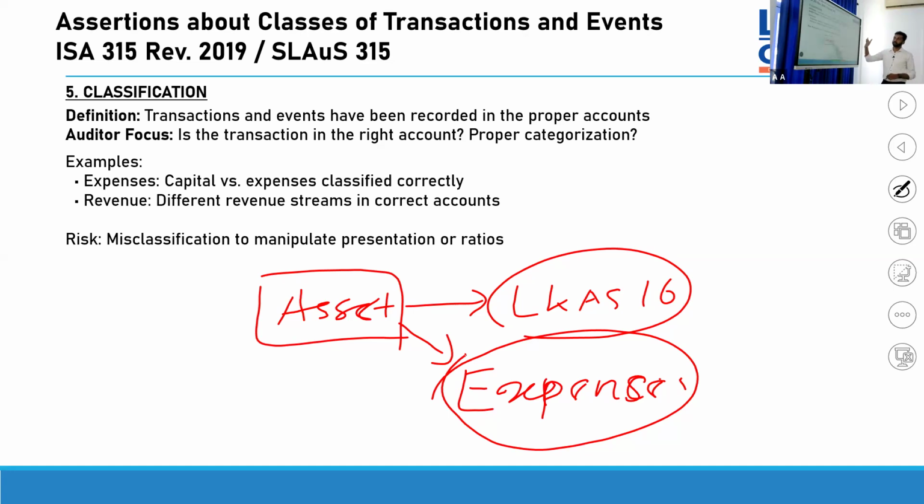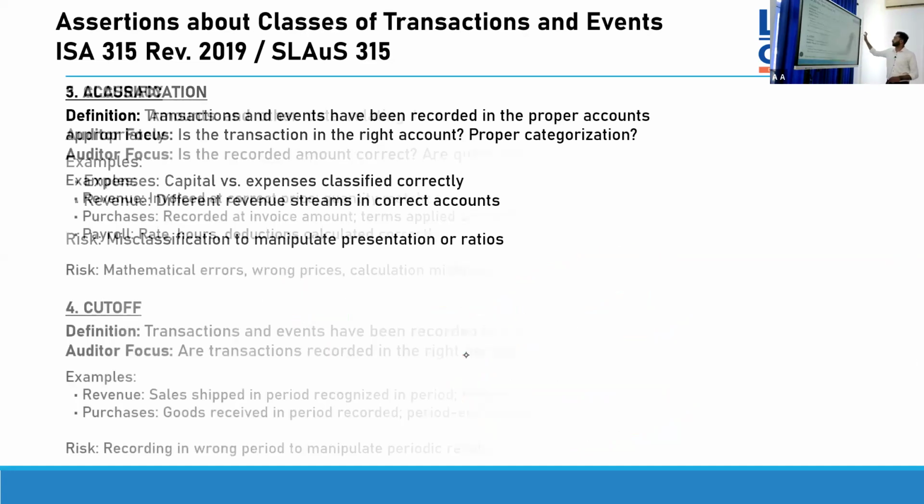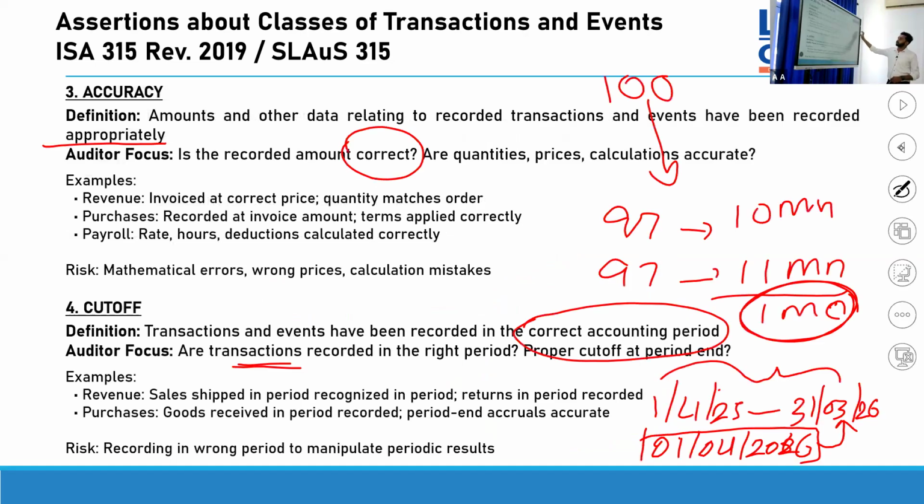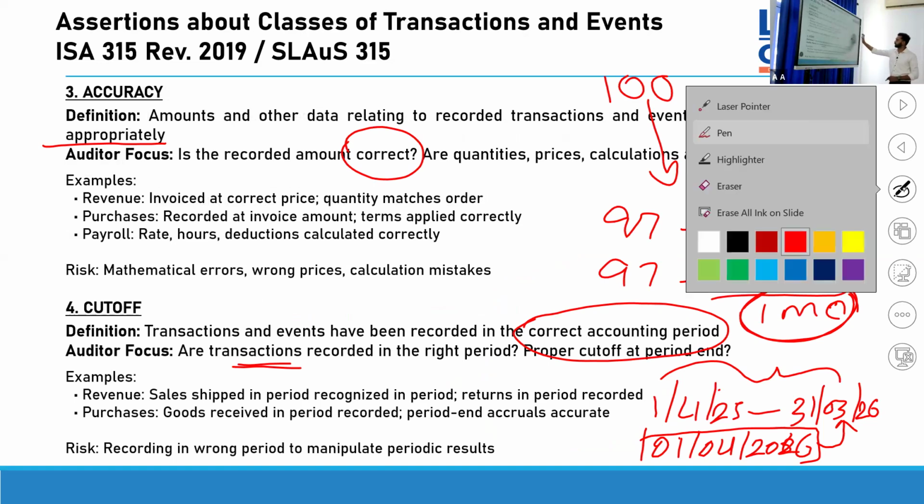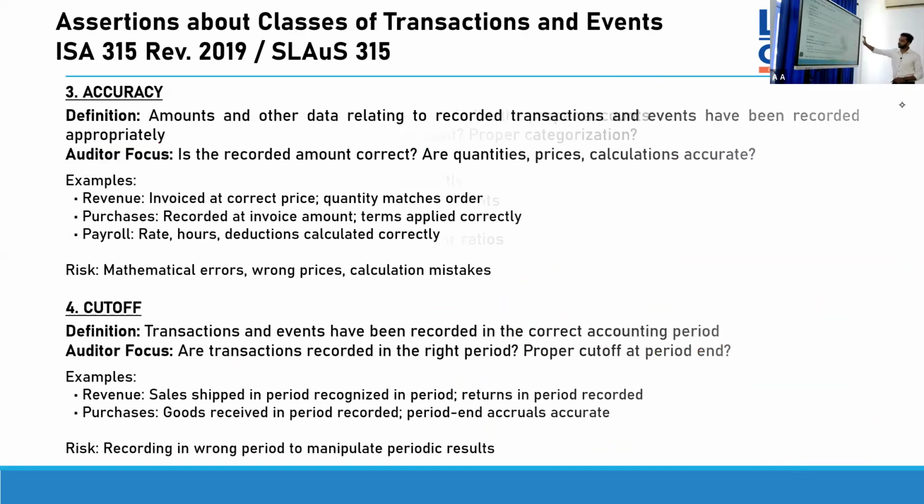These are the assertions or representations we use in the statement of profit or loss. Is that clear? Are all these assertions clear? If you have any doubt, please let me know. I can explain.